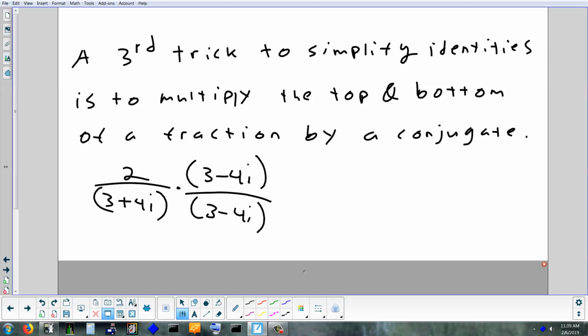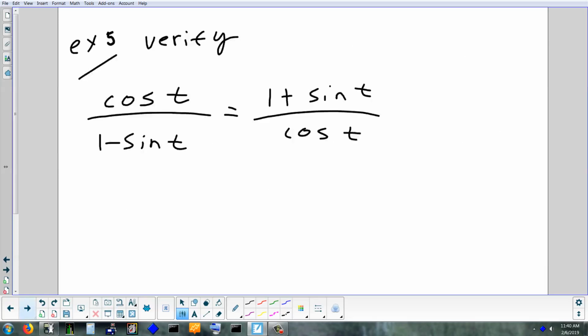Okay, we're going to do it with trig, so I wouldn't even worry about writing that down. I would just write this. So you know to use a conjugate when you see something like a trig function plus or minus a number, or a number plus or minus a trig function. Just like that.